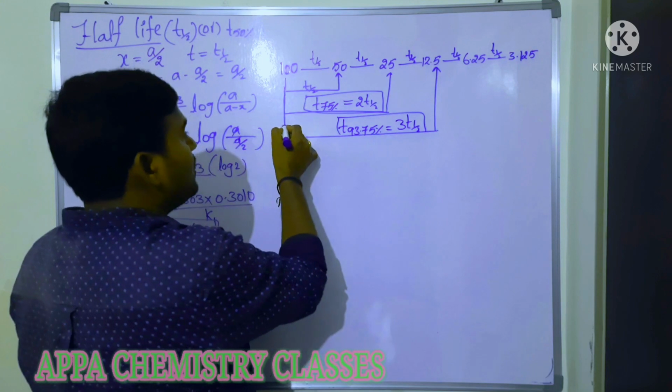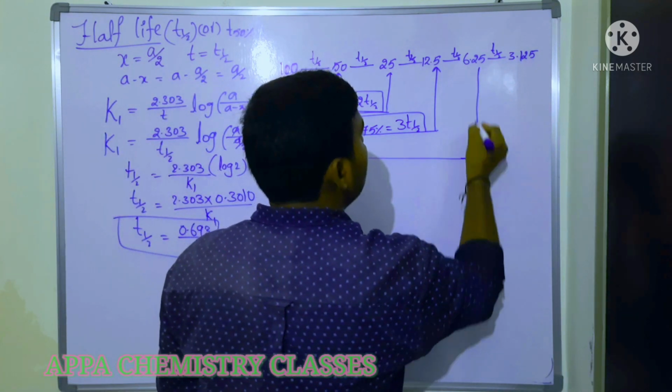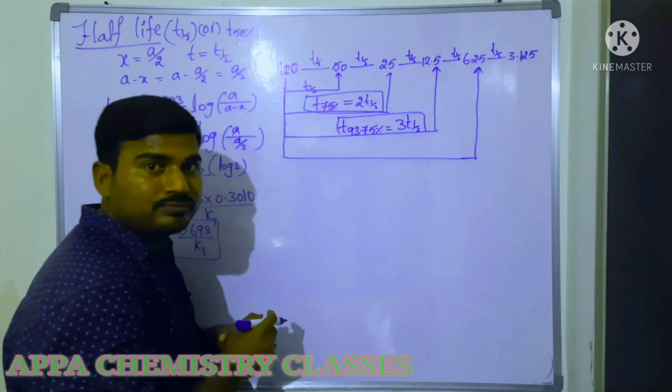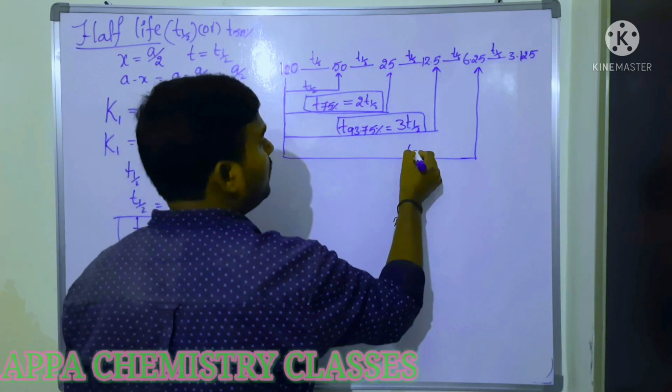After that, you see from 100 to 6.25. Now in this case, how many T halves is it? Total 4 T halves.